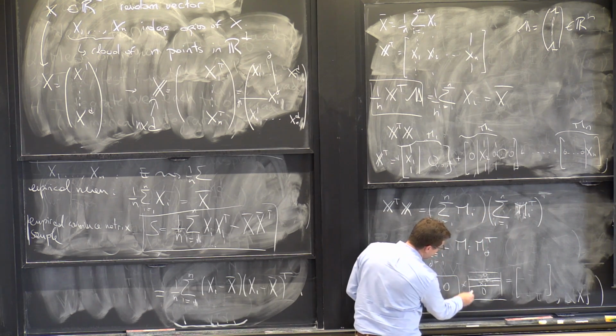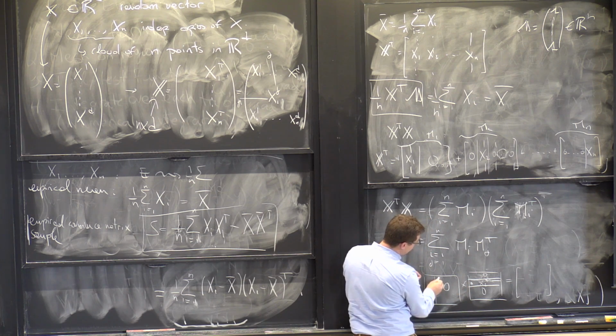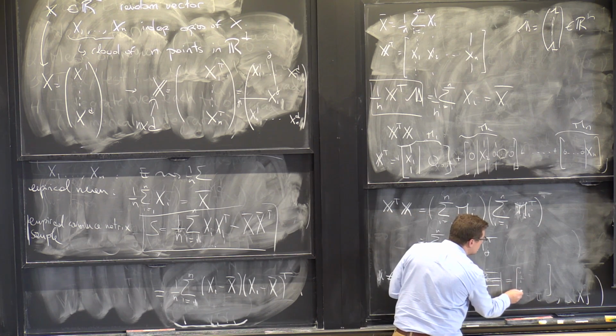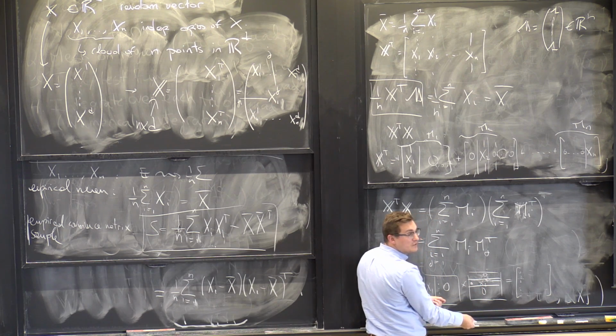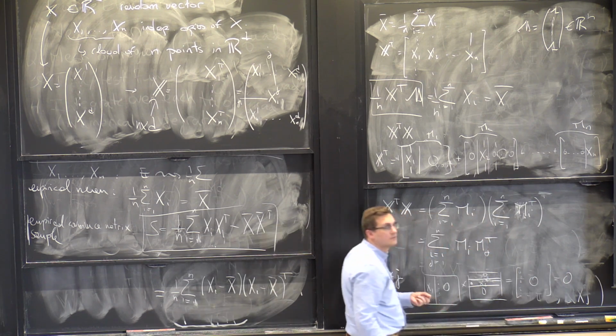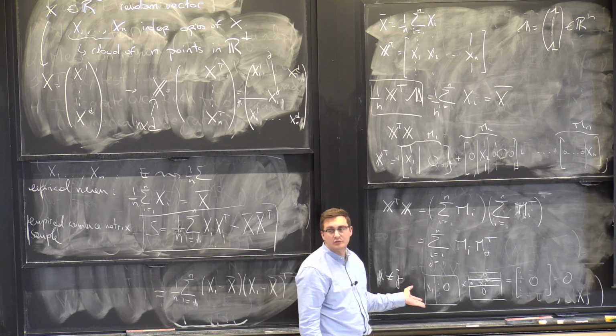I'm multiplying this column with each of those rows. The only non-zero coefficient is here, and it only hits this column of zeros. So every time this is going to give me 0, 0, 0, 0, and it's going to be the same for every single one of them. So this matrix is just full of zeros. They never hit each other when I do the matrix multiplication. Every non-zero hits a 0.